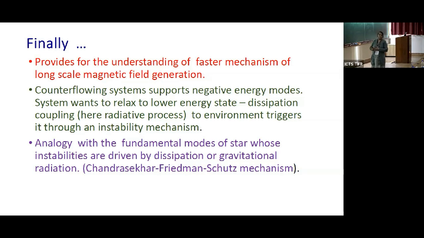These are in some neutron star or accretion disk, where the Chandrasekhar-Friedman-Schutz mechanism says that gravitational radiation leads to instability of the fundamental modes of a rotating star. And I was wondering whether this is an electromagnetic counterpart of that, where electromagnetic radiation leads to a certain kind of instabilities in the system.